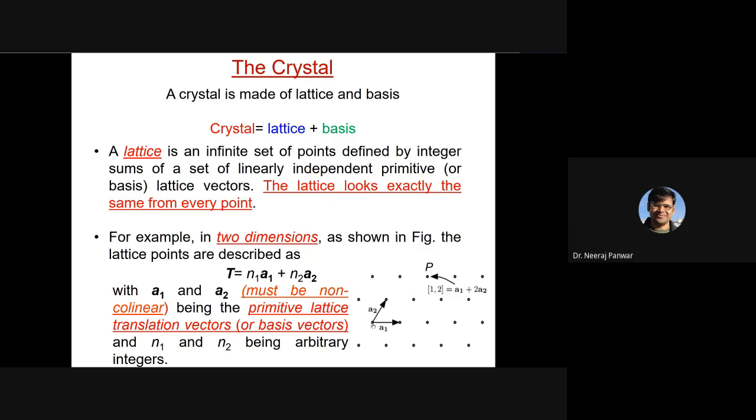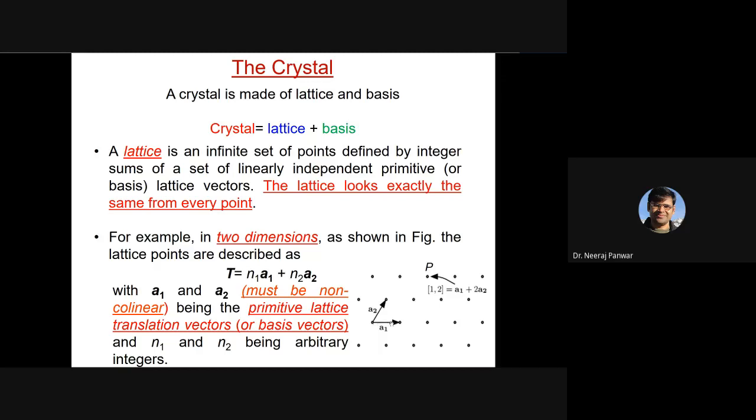For example, here A1 is in this direction, A2 is in this direction. So A1 and A2 must be non-collinear, and these are known as the primitive lattice translation vectors or basis vectors. N1 and N2 are any arbitrary integers. So for example, we consider this periodic arrangement of lattice points, or this lattice.